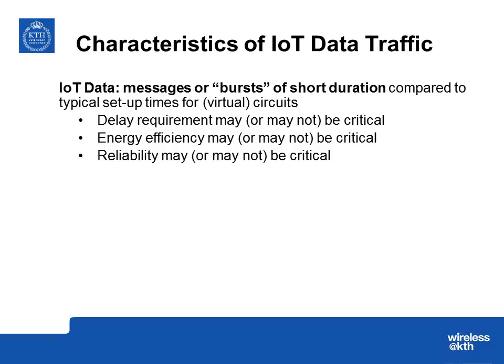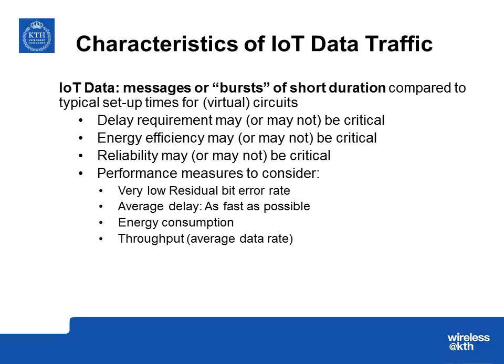And reliability may or may not be critical. If it's a mission-critical device like controlling your car, the reliability requirements are very, very high. If it's reporting the energy in your energy meter in your home, if you miss a few readings, that's not very critical.